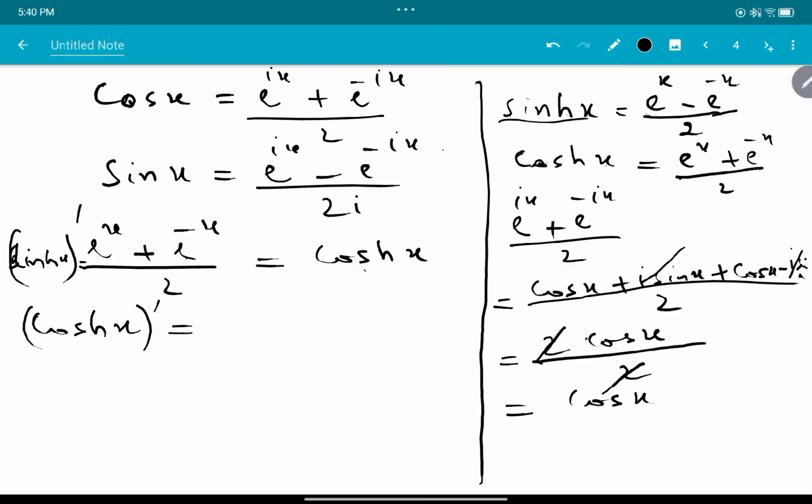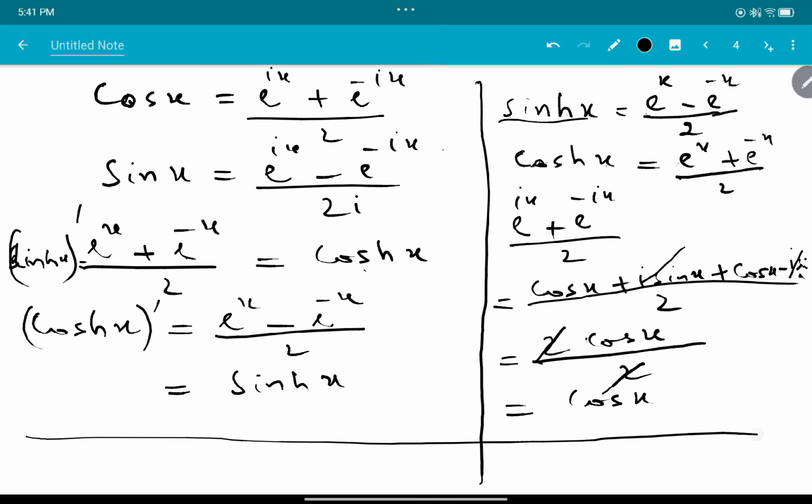Differentiating gives e raised to x and e raised to minus x, divided by 2, which is simply hyperbolic sine x. The important thing to remember is that hyperbolic sine converts into hyperbolic cos, and hyperbolic cos converts into hyperbolic sine. But unlike the corresponding trigonometric formulas, there is no problem of plus and minus signs. All are positive.